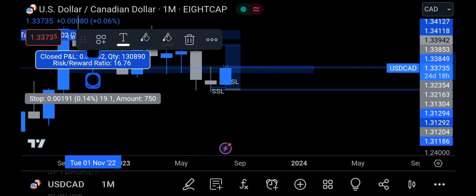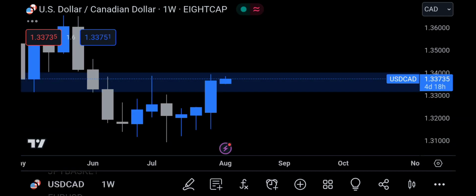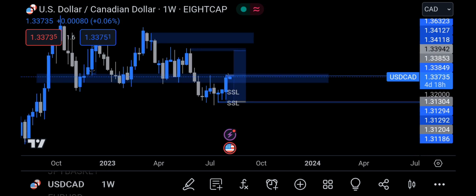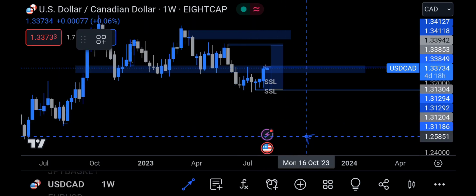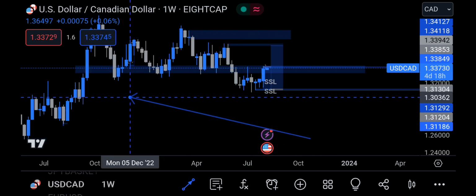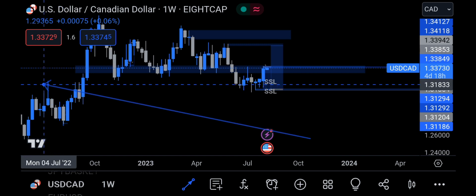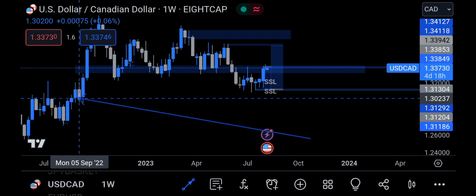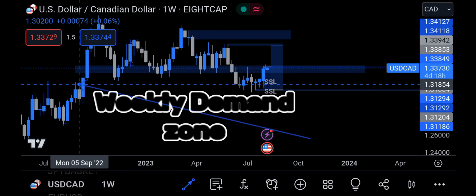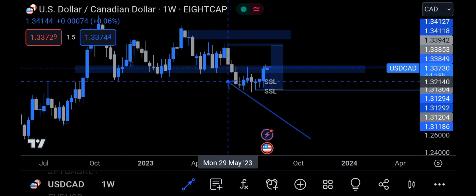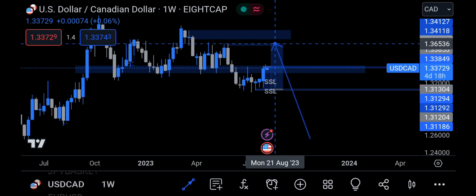Now let's go to weekly. And in weekly time frame, remember I told you this place has been serving as a level of resistance in the market, and we can see from this impulse that we had, price left a demand zone here, of which that was what price did, mitigated this zone, and we are seeing a good rejection to the upside.